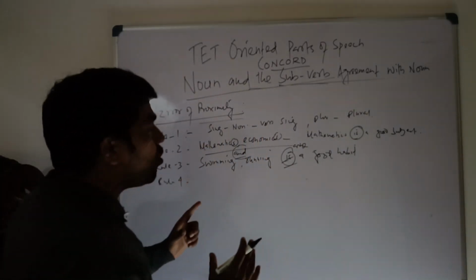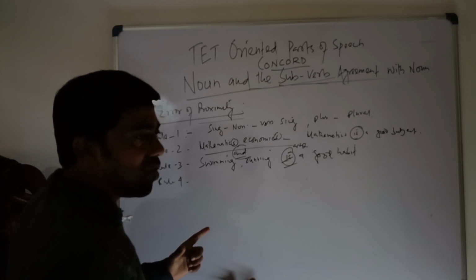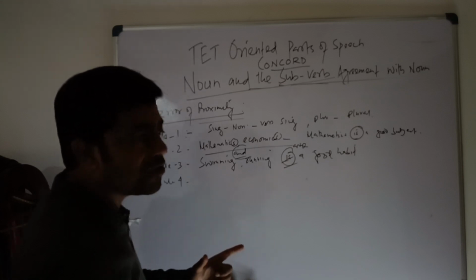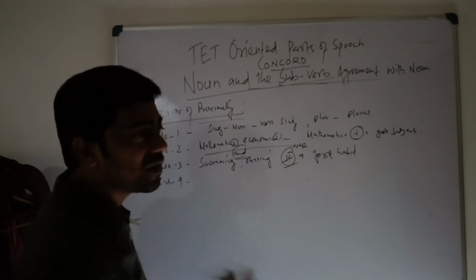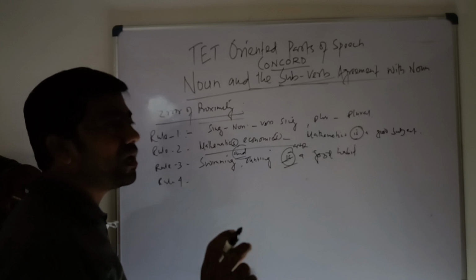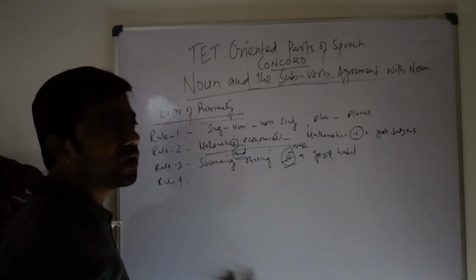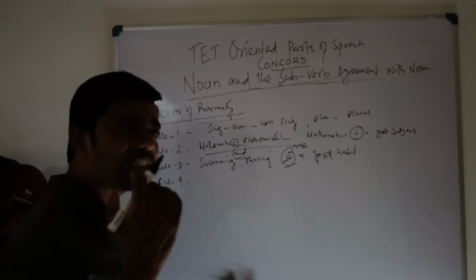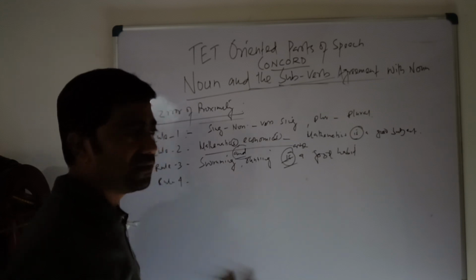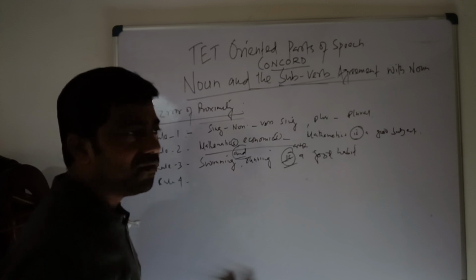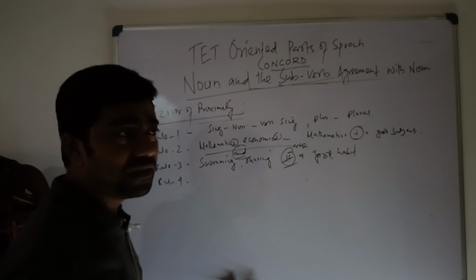We all know that two or more singular or plural nouns will agree with a plural verb. But if two or more nouns denote the same sense or the same person, then the verb that follows will always be singular.